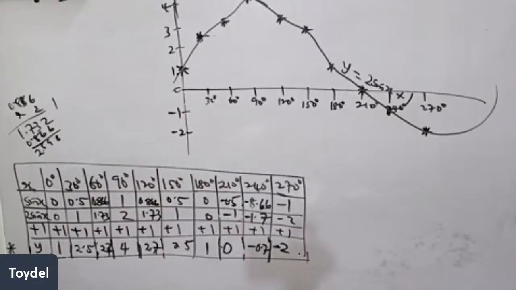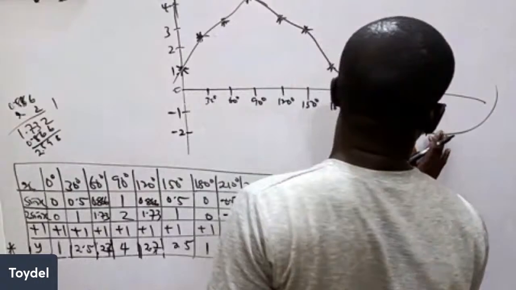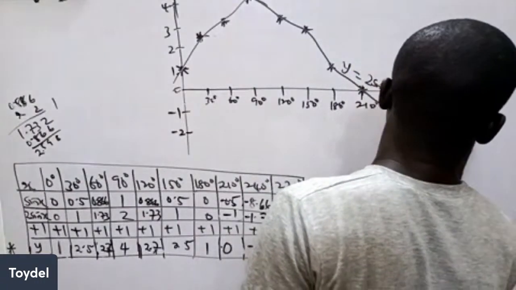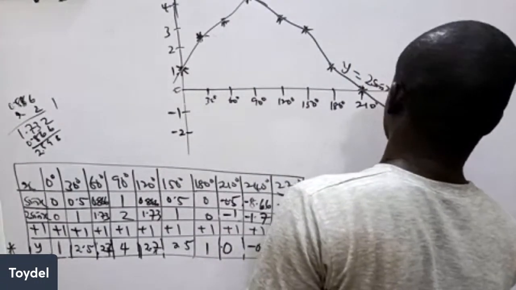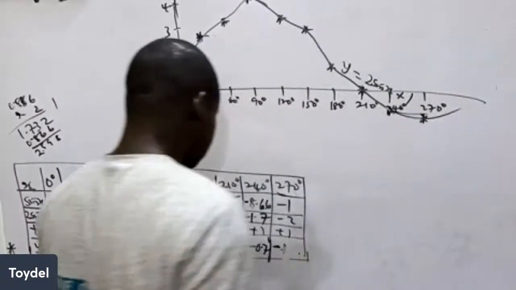You can then use what you have on the board to solve some of the questions that will be required. Okay. So here is 1. Here should be -1.